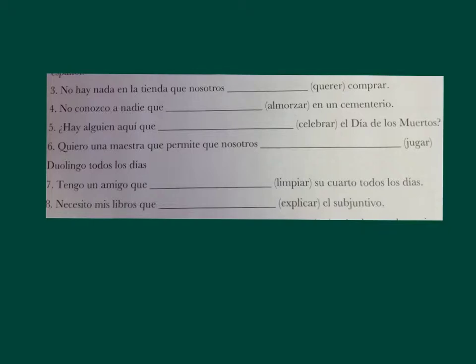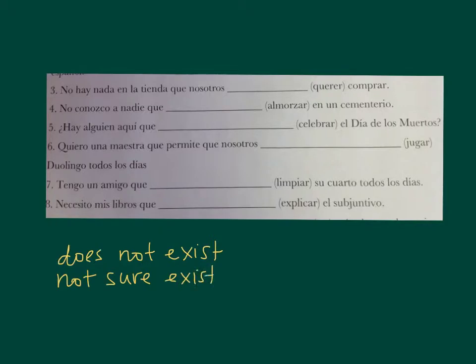First of all, you need to remember that if you know for a fact that what you're talking about does not exist, or if you are not sure that it exists, then you are going to be using subjunctive in the second part of your sentence.